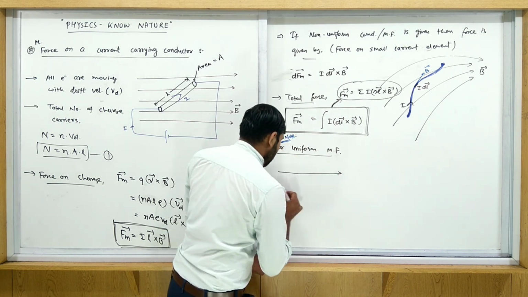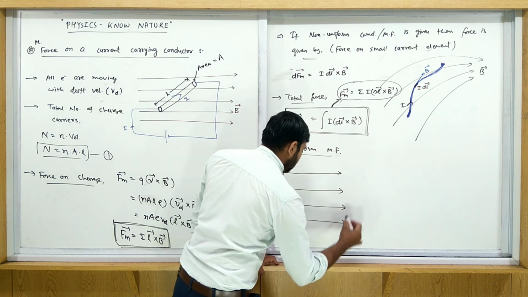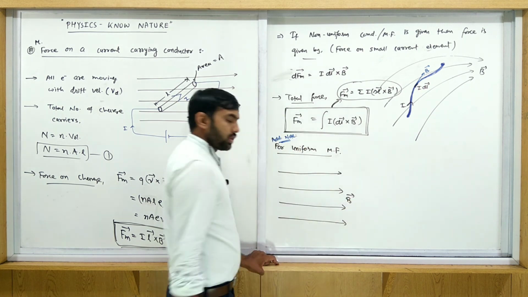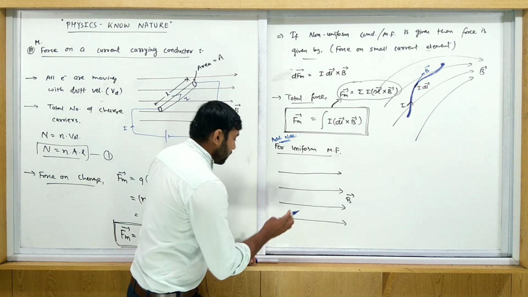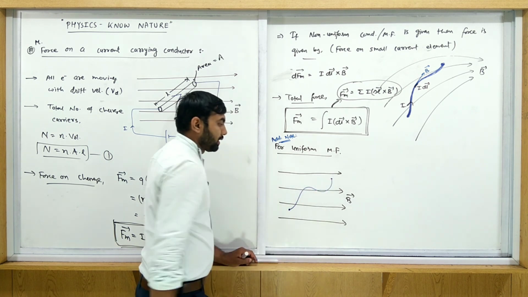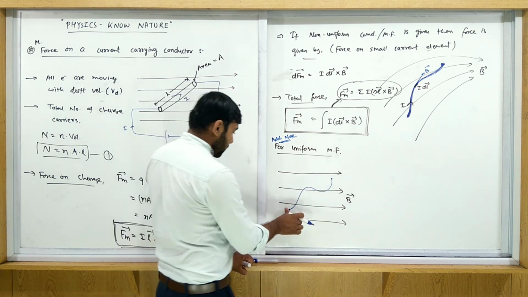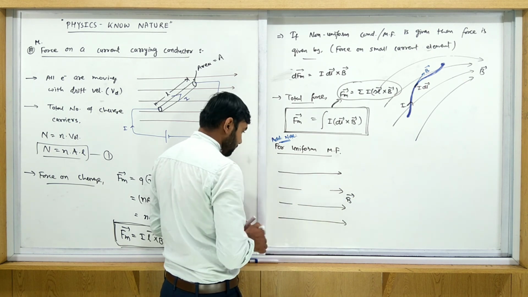See, suppose this is the magnetic field. You place a conductor inside it which is non-uniform, like this. But the drawing is not proper, so I am drawing it again.